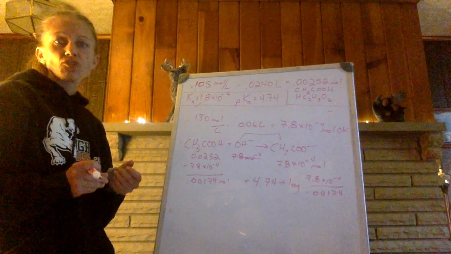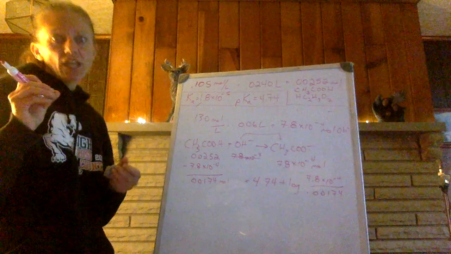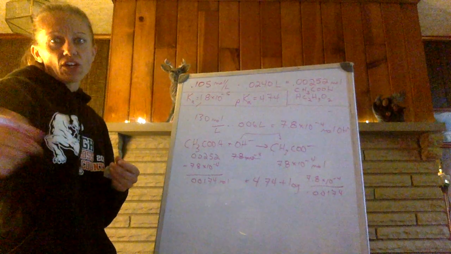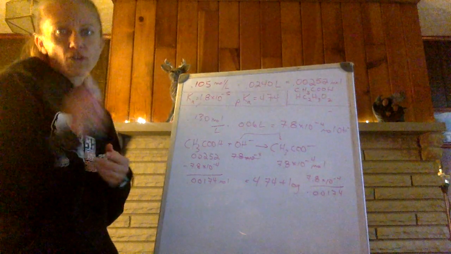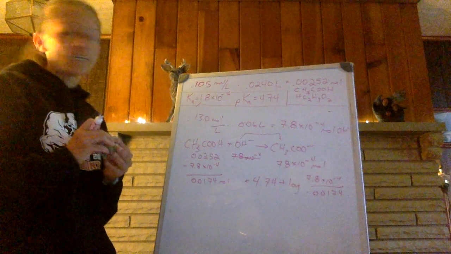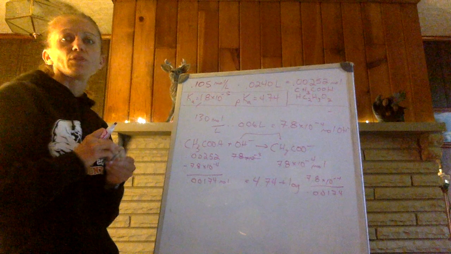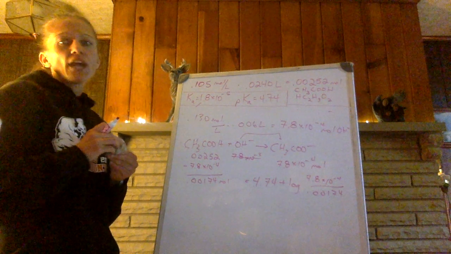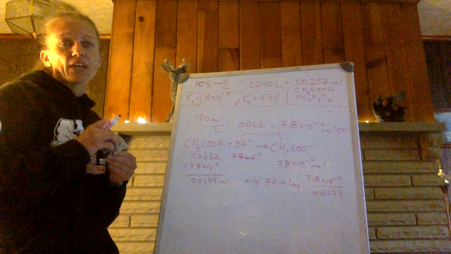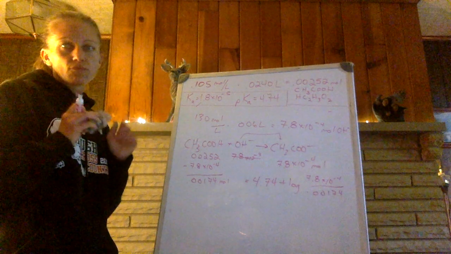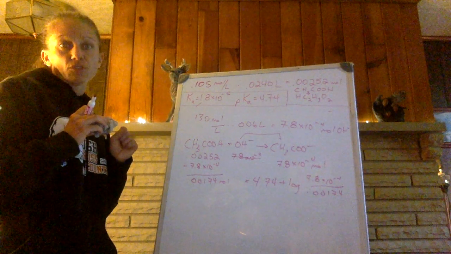So there's a small change. I'm adding base, so there you go. My log base over acid. But I didn't yet get to the equivalence point. If you remember the pH from the beginning, check out your change. It should be logical. At half the equivalence point, the pH is always your pKa. Done. 4.74. That's good to know.